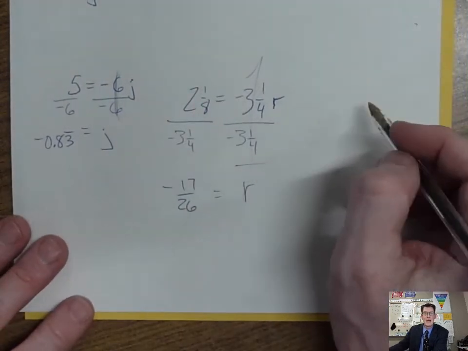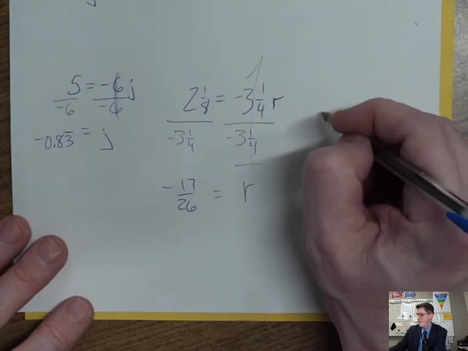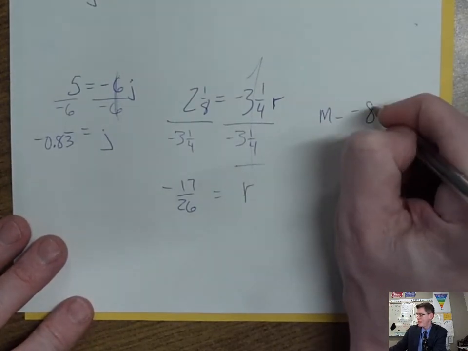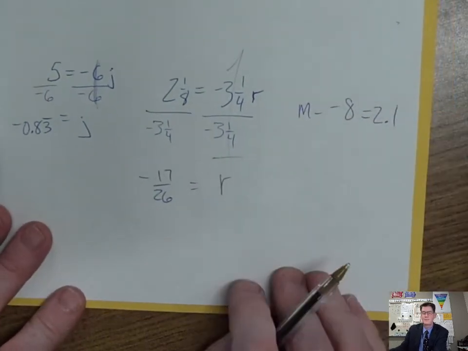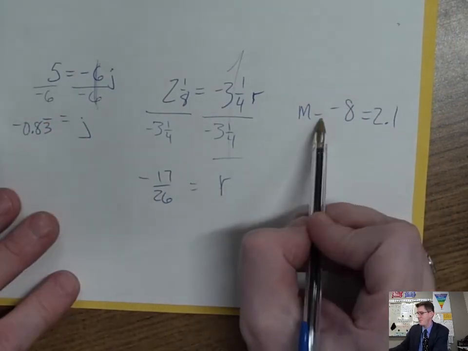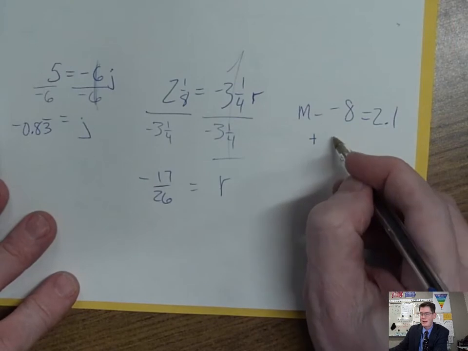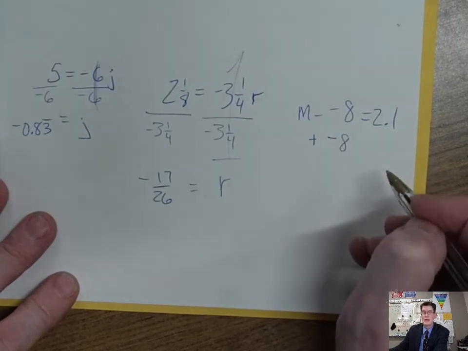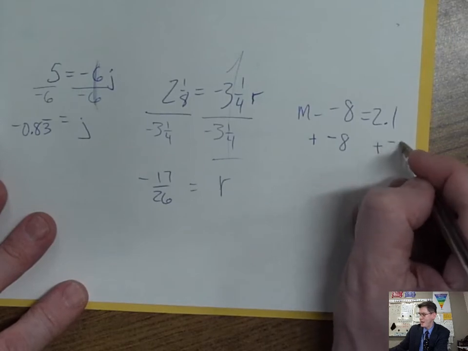And finally, let's try to figure one that might cause a little bit of angst. M minus a -8 equals 2.1. We just do the exact same process, the exact same thing. If a number is minused off, then you add on that number.